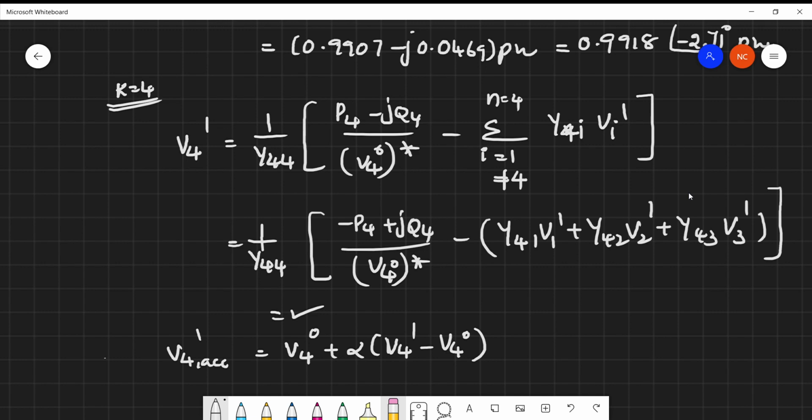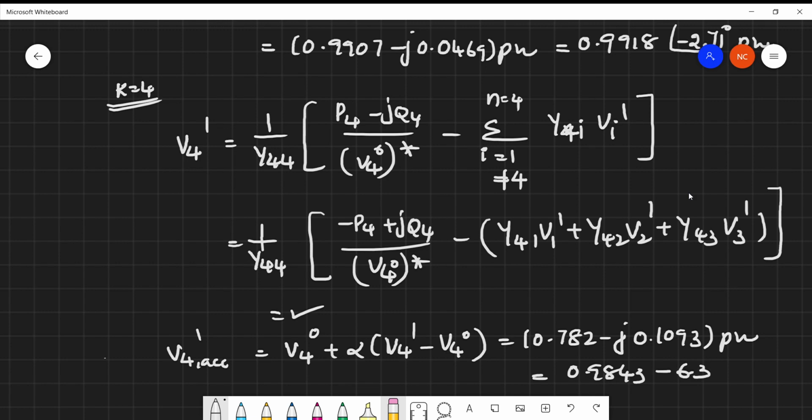Finally, I'm writing the value. Okay, so whose value is 0.782 minus j0.1093 per unit. In polar form, 0.9843 at an angle minus 6.38.